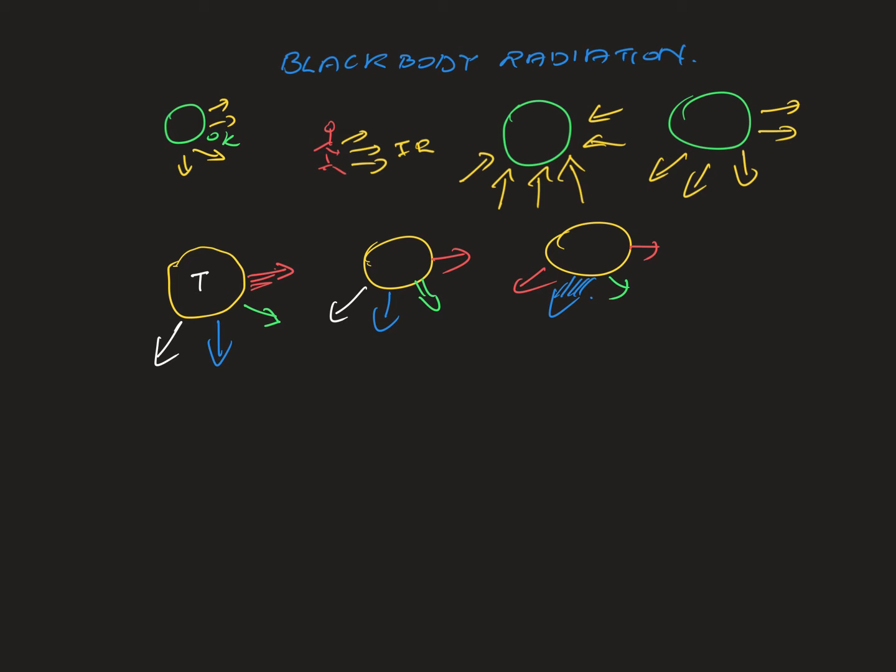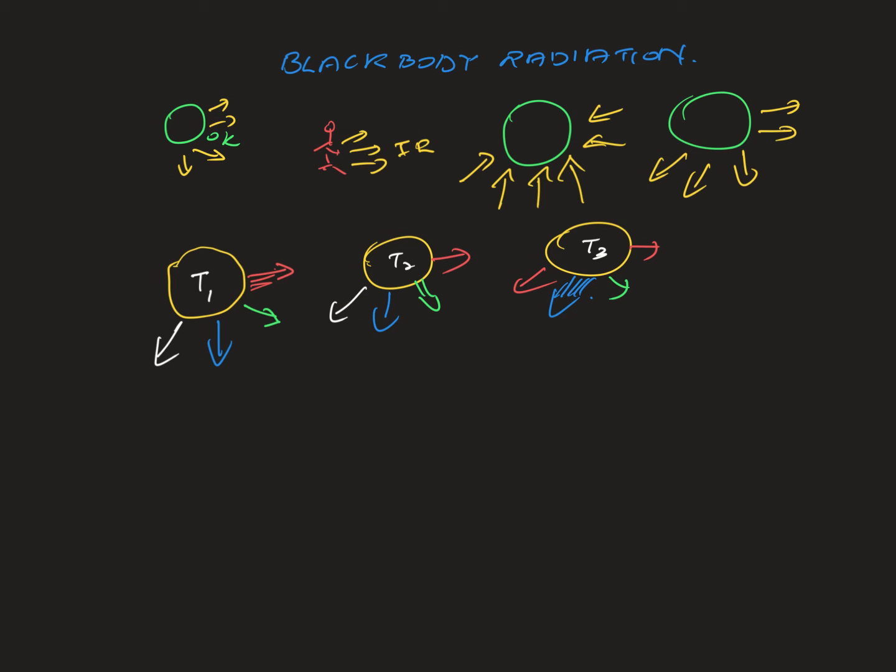So objects with different temperatures, T1, T2, T3, radiate different wavelengths at different intensities. In T1, we see that there's lots of red and lots of green and lots of blue. That means it's radiating all wavelengths, all frequencies, but at different intensities.